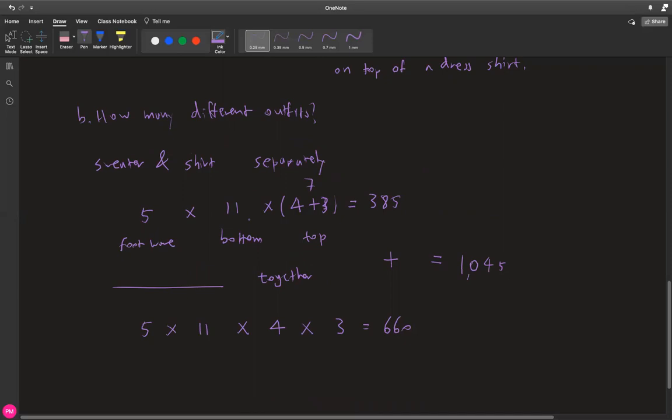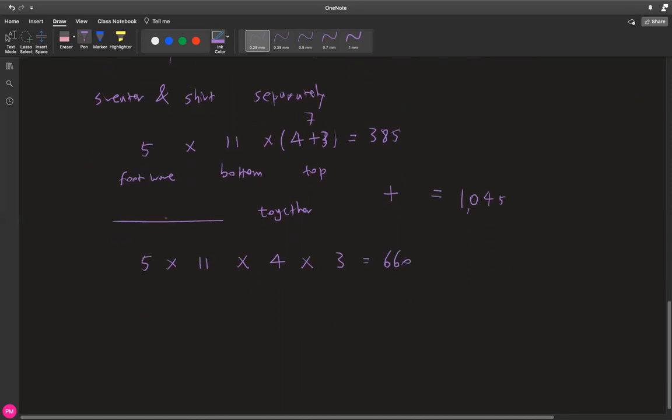So it's really hard to compute a single multiplication formula that's going to output the number that we want. So in this case, it's always easier to look at it separately and just add the 2 different cases together.